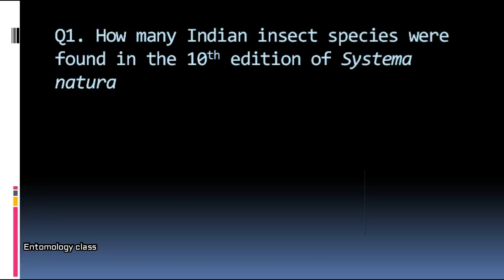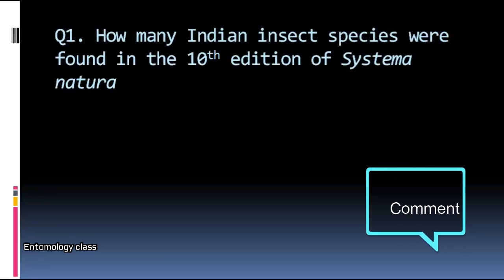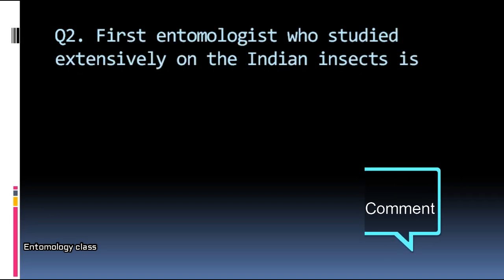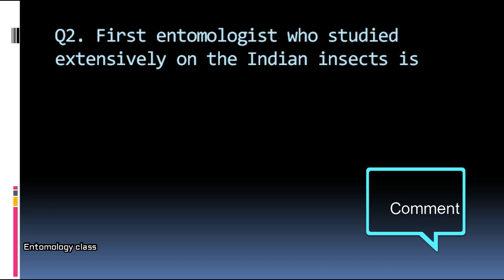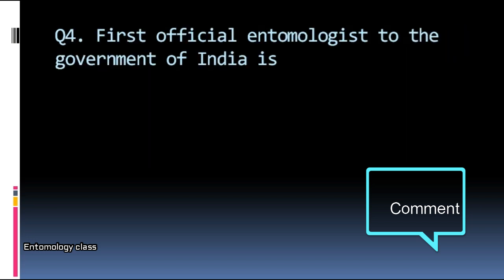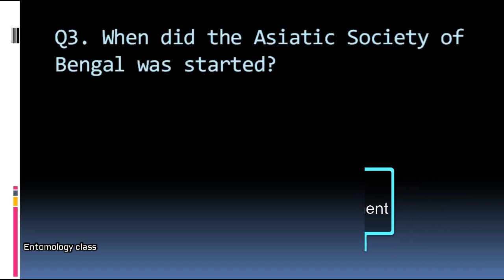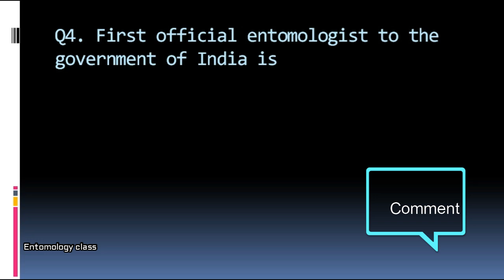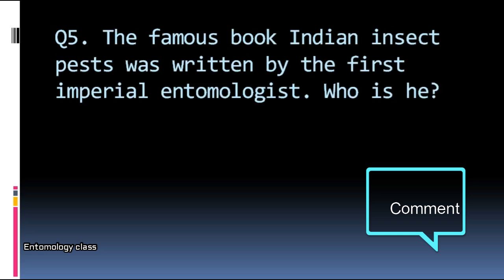Question number 1. How many Indian insect species were found in the 10th edition of Systema Naturae? Question number 2 is, the first entomologist who studied extensively on Indian insects is. Question number 3 is, when was the Asiatic Society of Bengal started? Question 4, the first official entomologist to the Government of India is.